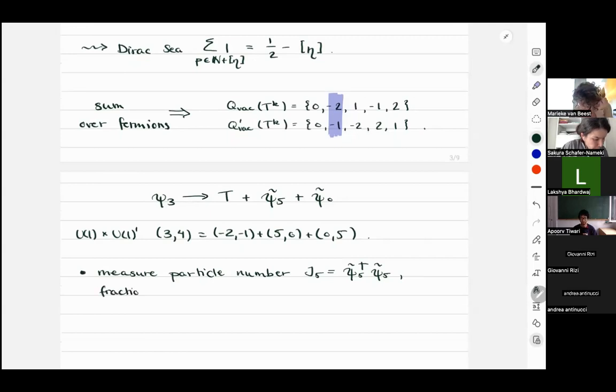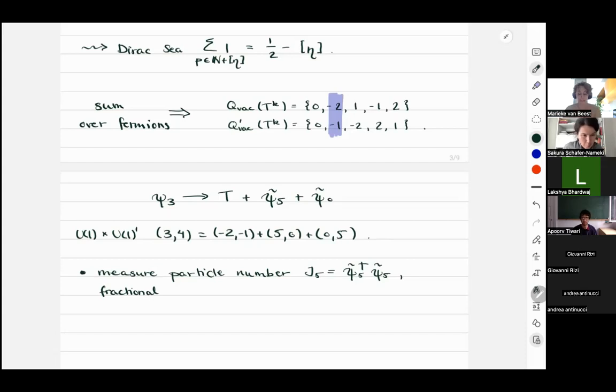And the reason it's going to be fractional is because this current has a mixed anomaly with the C5 symmetry. So the U1 and U1 prime don't have any mixed anomalies. The C5 sits inside these U1 times U1 prime also doesn't have any mixed anomalies. So you can put in a boundary and preserve all of these symmetries at the same time. But the species number has a mixed anomaly with the C5, and therefore it will be broken.